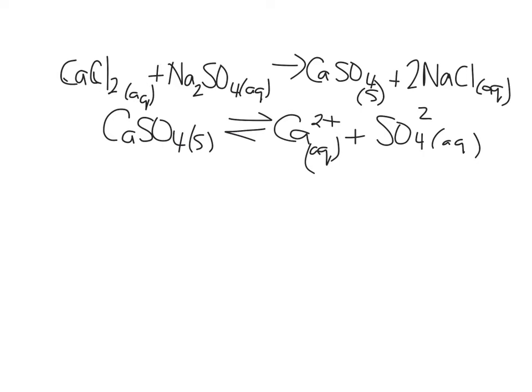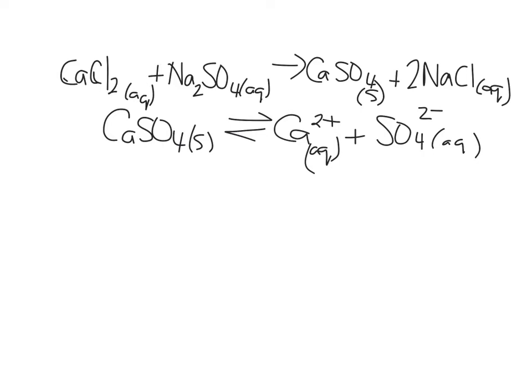So now what you have to do is figure out the concentration of calcium ions and the concentration of sulfate. You've changed the volume of your solutions when you mix them.